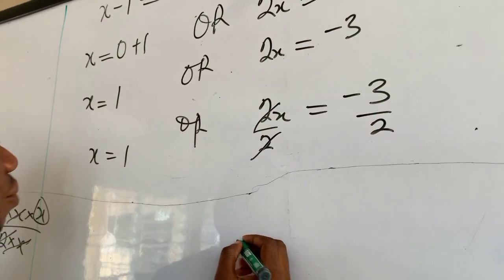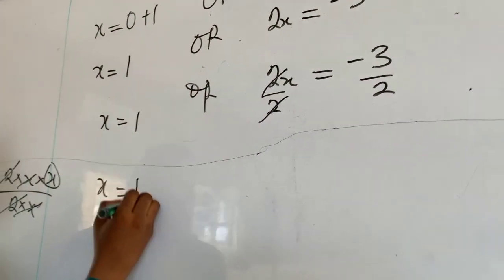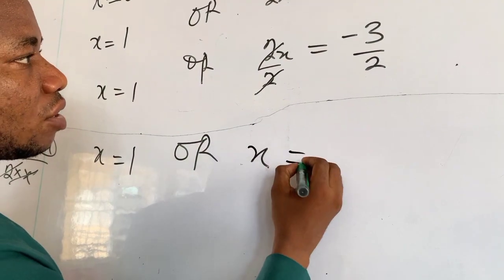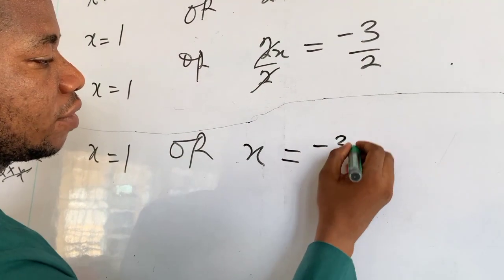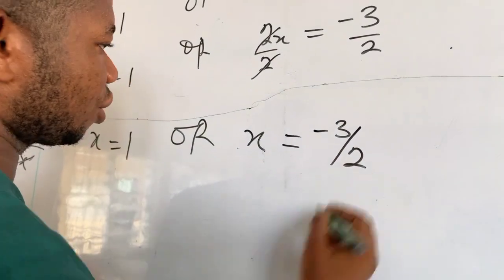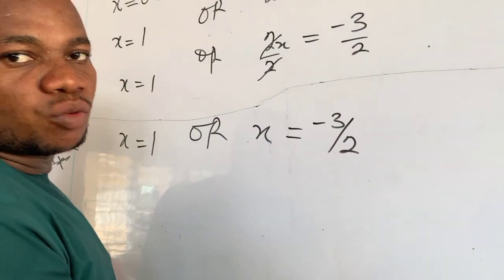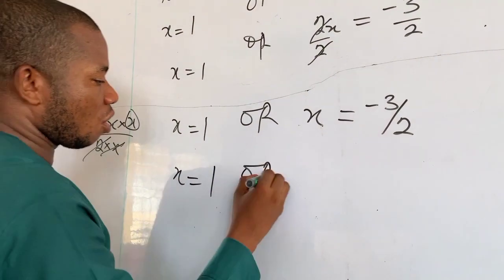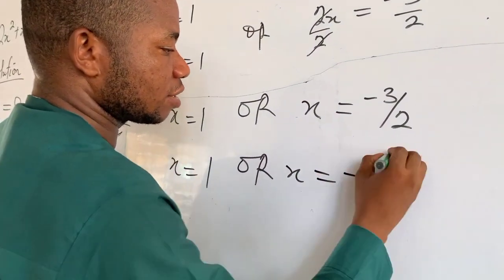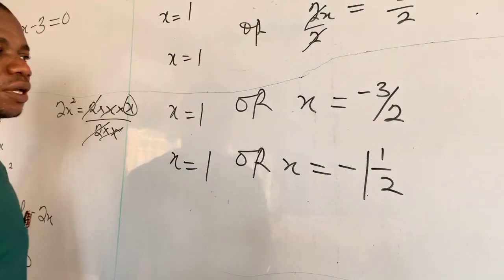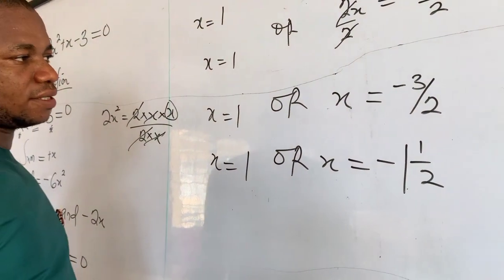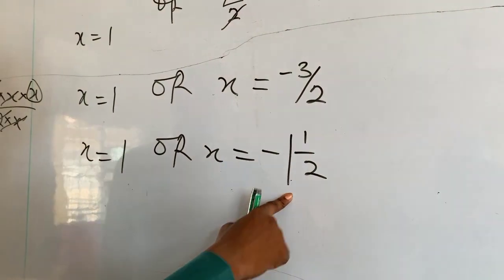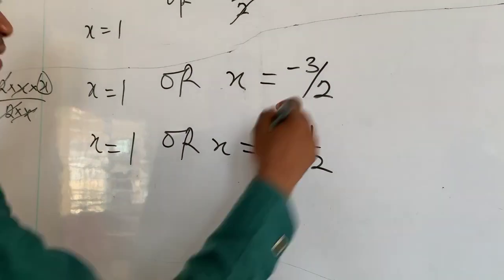We are left with x is equal to 1, or 2 has cancelled 2, we have x is equal to negative 3 over 2, which is the same as negative 1.5. So we say x is equal to 1, or x is equal to negative 1.5. 1.5 is the same as 3 over 2. 2 times 1, 2 plus 1, 3 over 2. So it's the same thing.